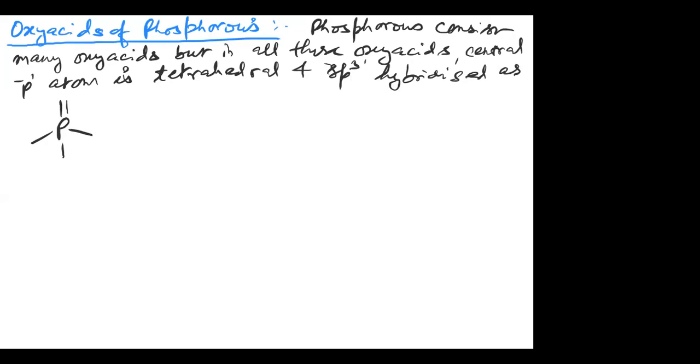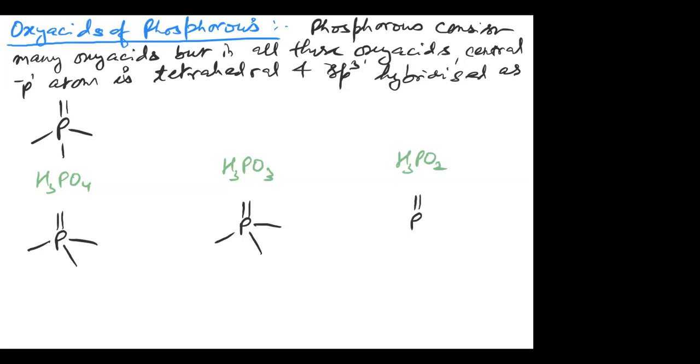For example, if you see the structures of H3PO4, H3PO3 and H3PO2, in the case of H3PO4 every oxy acid looks like this type, and similarly this may be the other compound.